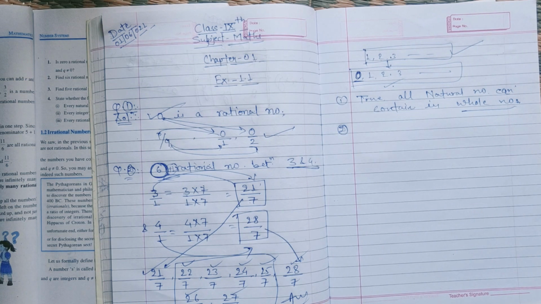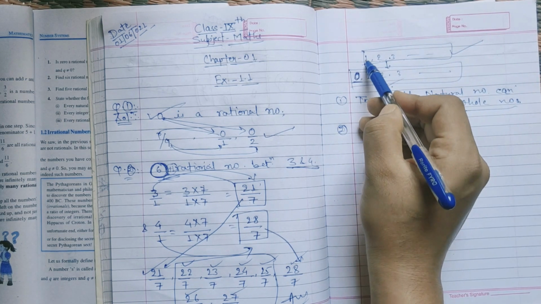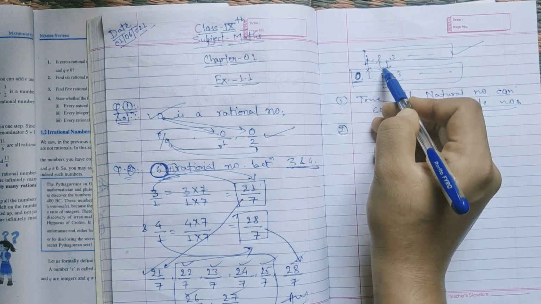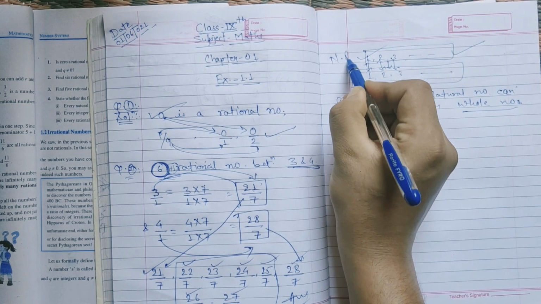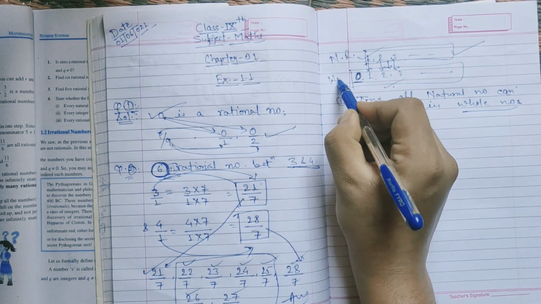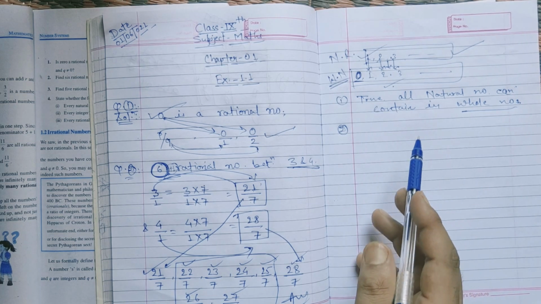So every natural number is contained in whole numbers. If we see 1, 2, 3, all these natural numbers are in whole numbers. So we can easily say that this statement is true.